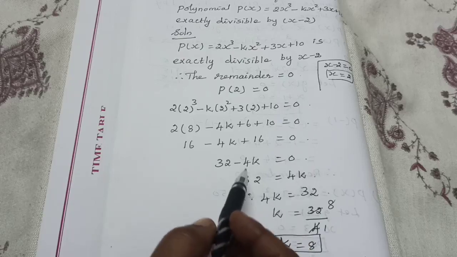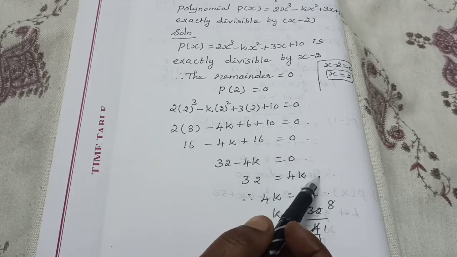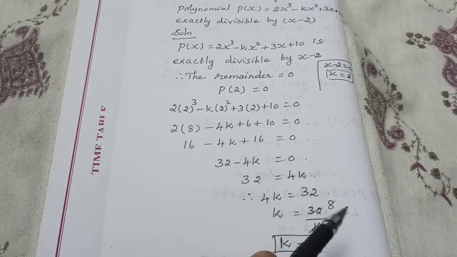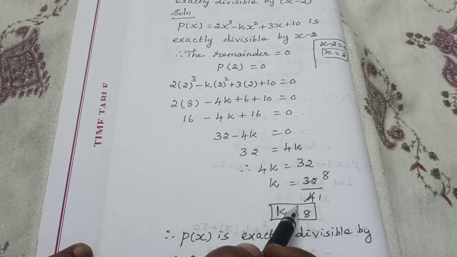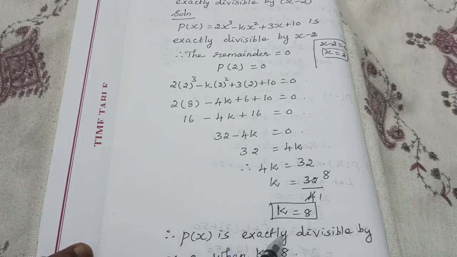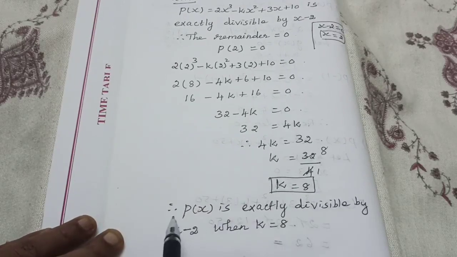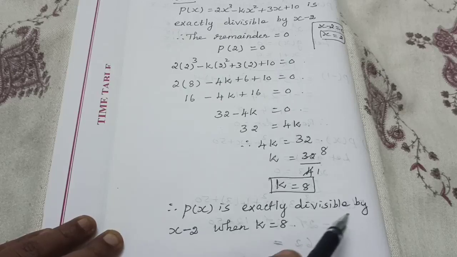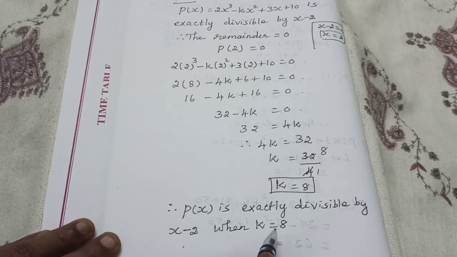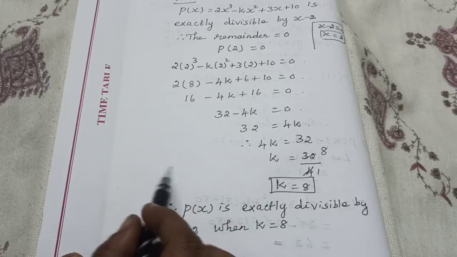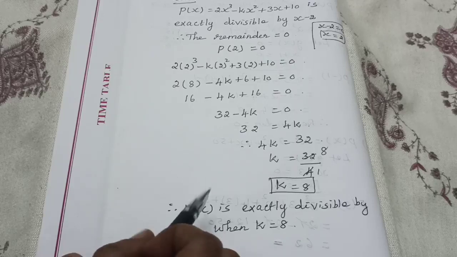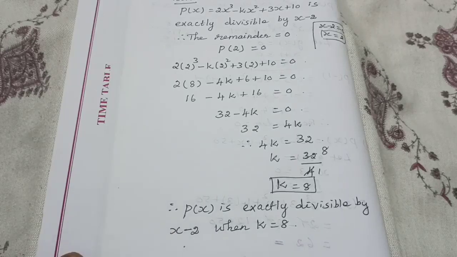Then if you bring 4k to the next side, we will get 4k, and therefore 4k is equal to 32, divided by 4, k is equal to 8. Therefore p of x is exactly divisible by x minus 2 means k is equal to 8. K is equal to 8. This is also a homework question. Did you get this answer?